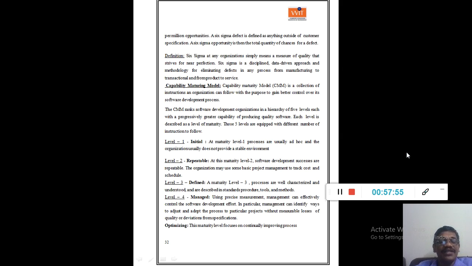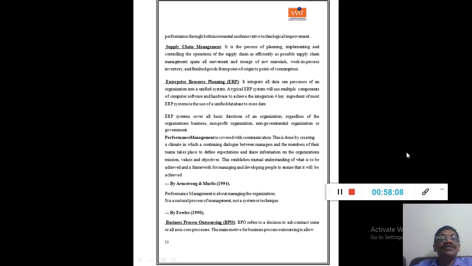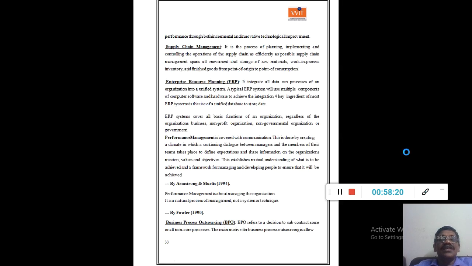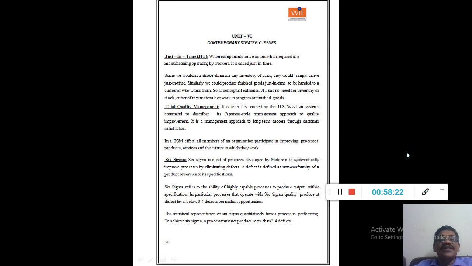There are 5 levels, or here it is given only 4 levels: level 1, level 2, level 3, level 4, and actually 5 levels are there, that is level 5 is also here given. Then SCM, supply chain management, then enterprise resource planning, then business process outsourcing, then business process re-engineering, then benchmarking. So these are the various contemporary strategic issues.